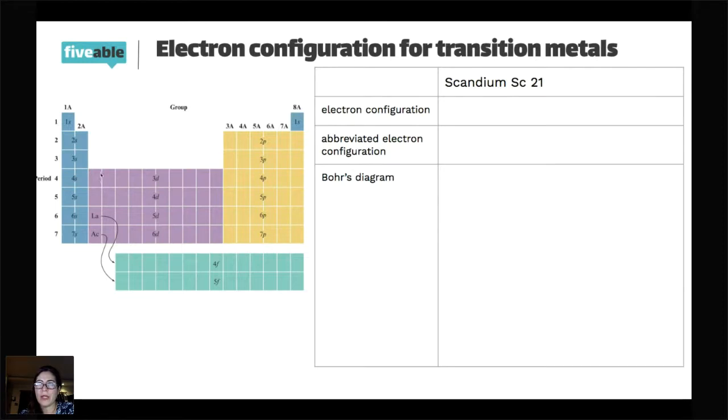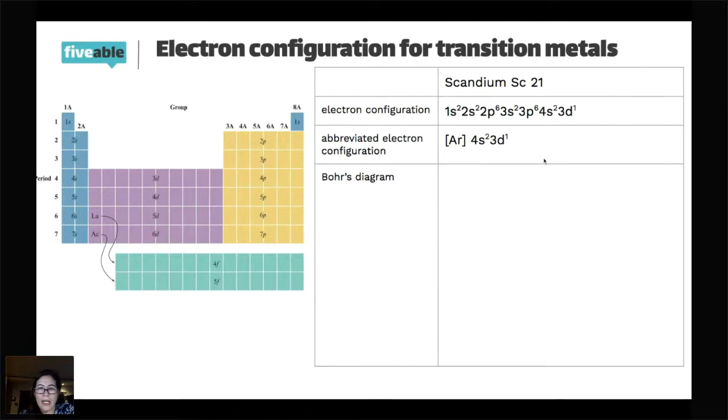We follow along, and it would start with 1s2, 2s2, and then, so when we do the electron configuration following along the periodic table, we end up having this electron configuration. The abbreviated, as Luca already gave us the answer, is when we place brackets and the noble gas before that element, and then the configuration that follows.